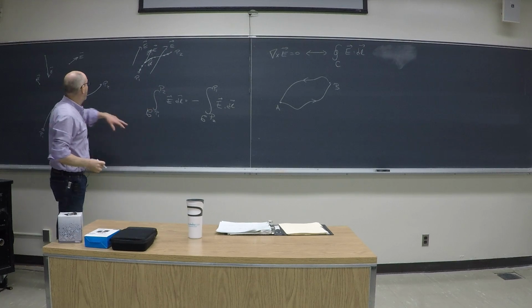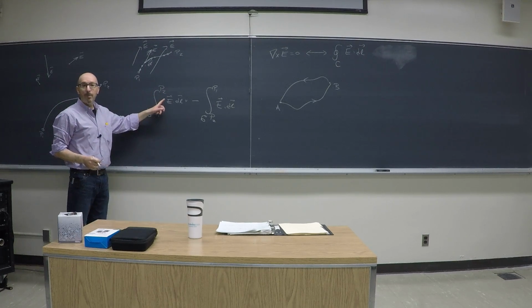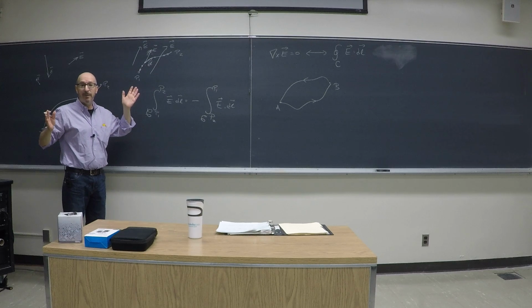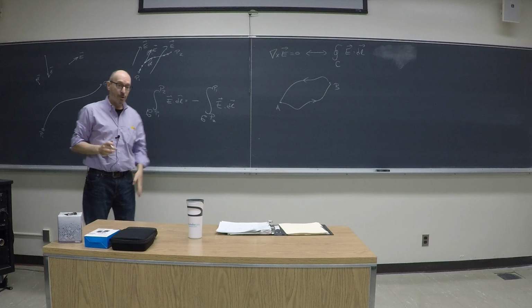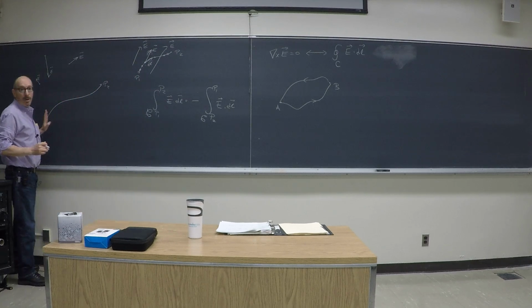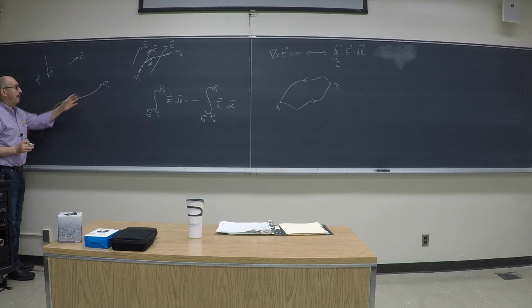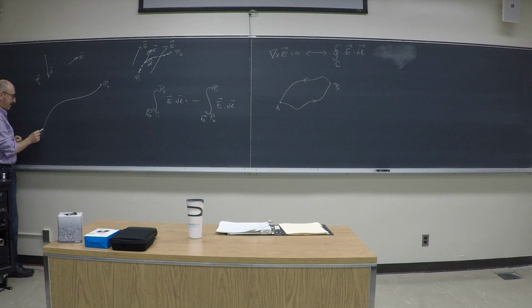Since we are trying to do an integral on a curve, we really don't care about what happens with the electric field outside that curve. We only care about the values along the curve. So I'm not going to first look at the way I walk. I'm just going to try to monitor what the electric field is along the path. I start at P1, and the electric field looks like that.